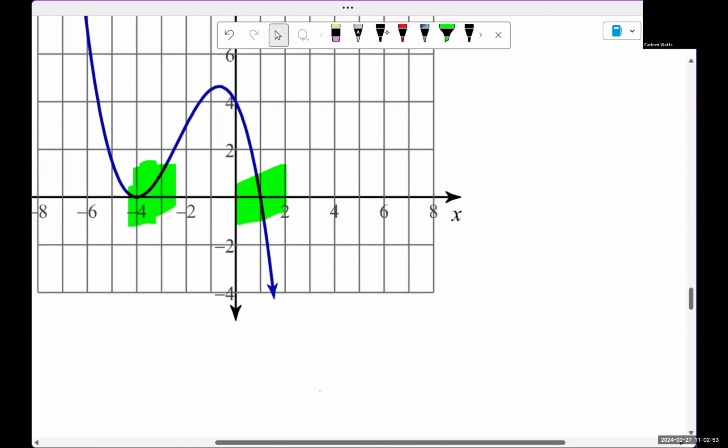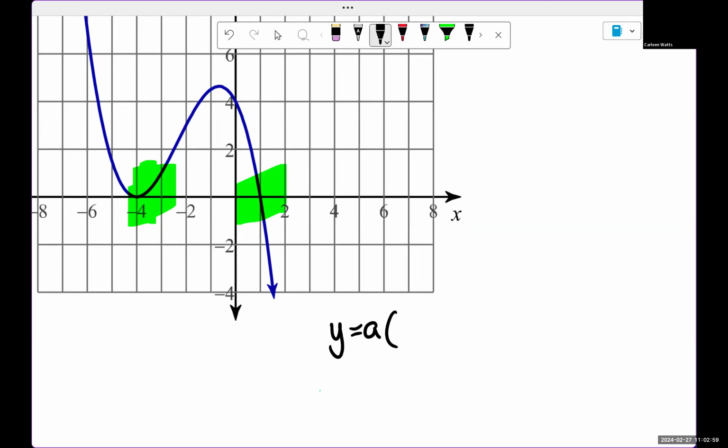Okay, so y equals a. So one of its zeros is x equals -4. If -4 is the zero, the factor is x plus 4.